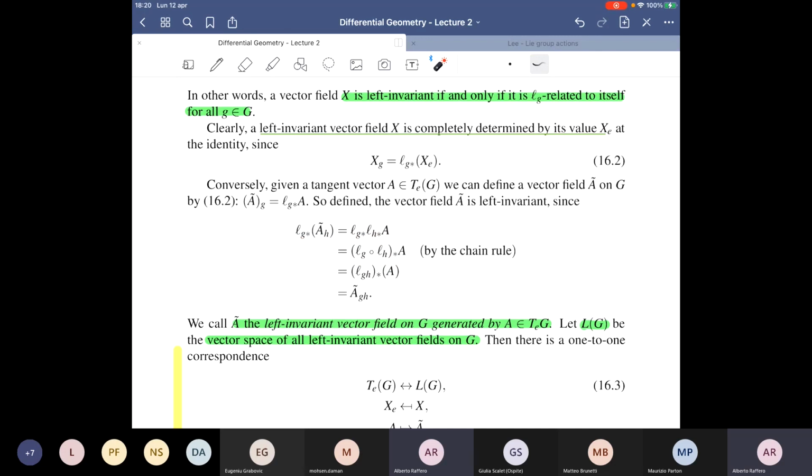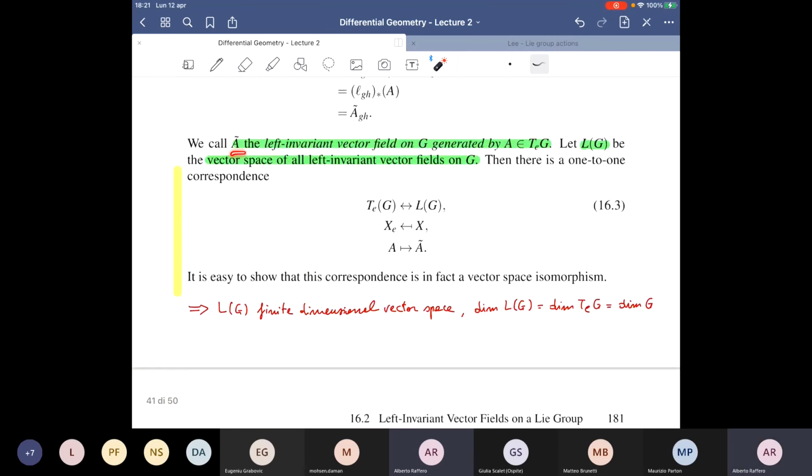So just take the differential of the left multiplication by G, apply it to A twiddle evaluated at H, use the definition of A twiddle here, use the properties of the differential, use the fact that the composition of left multiplication is the left multiplication by the product of the two elements. And you will end up again with the vector field A twiddle. So in this way, you show that the vector field you define in this way is again left invariant. So you call such a vector field the left invariant vector field generated by the tangent vector to G at the identity.